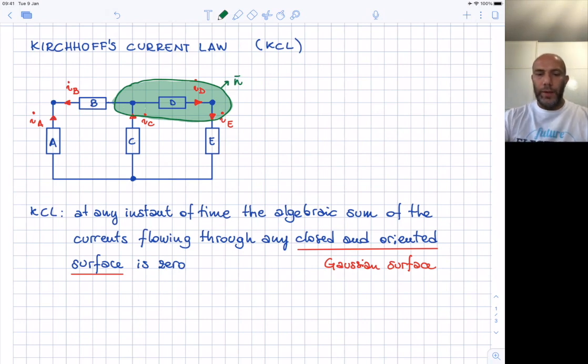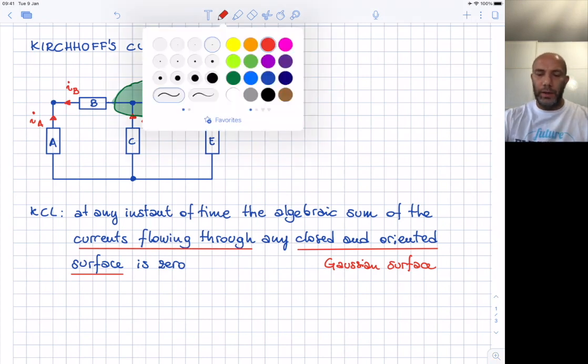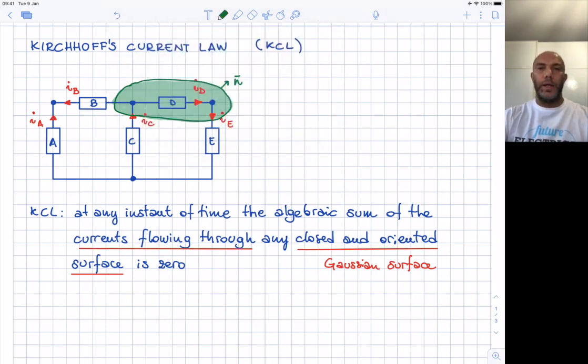Now, what we have to do, according to the definition, is to consider the currents flowing through this surface. This means that we have to identify the currents that are crossing this surface. In particular, we have an intersection between the circuit and the surface in this point, and this point here.